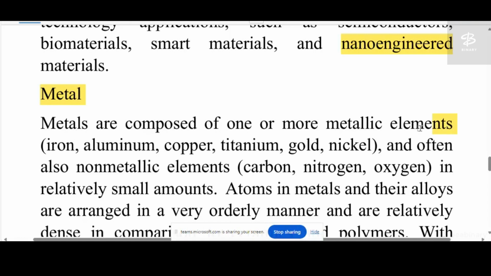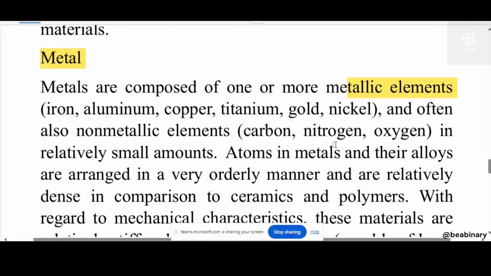So atoms are of different kinds. When you go through the periodic table, you will be able to know what a metallic element is, and the different kinds of elements present in the periodic table. These are examples of metallic elements: iron, aluminum, copper, titanium, gold, nickel.